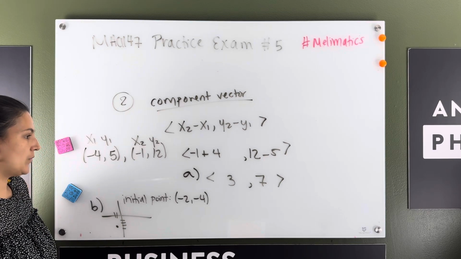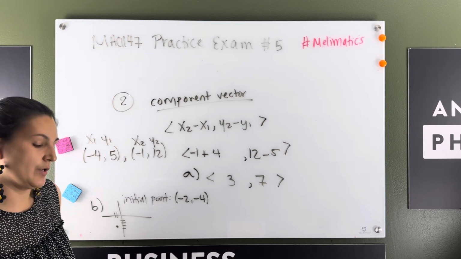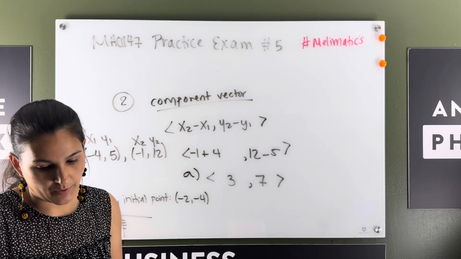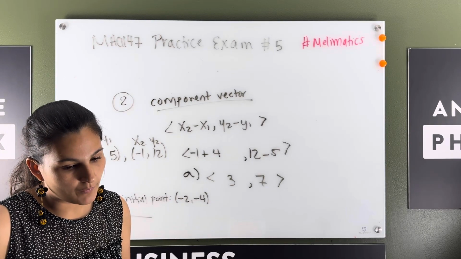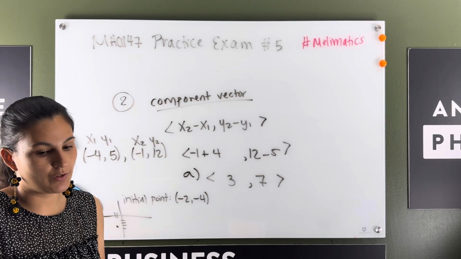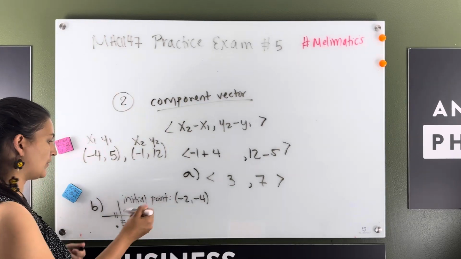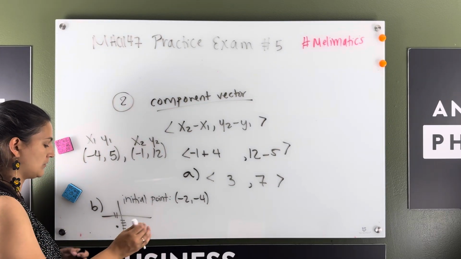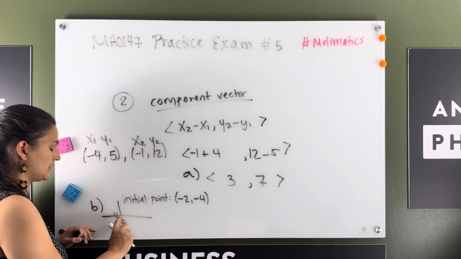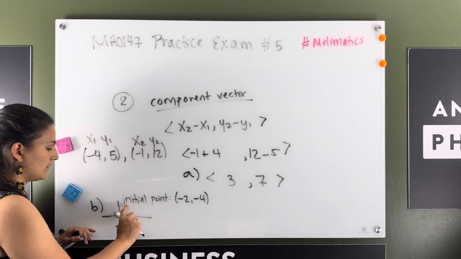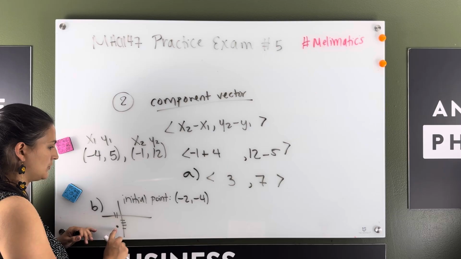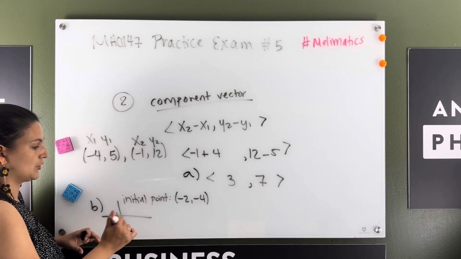Then where would the terminal point go? We use the component vector to do that. Remember, we're just simply shifting it. So instead of going from 0, 0 to 3, 7, we're going from -2, -4 to its new terminal point.